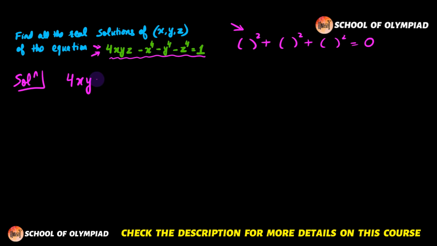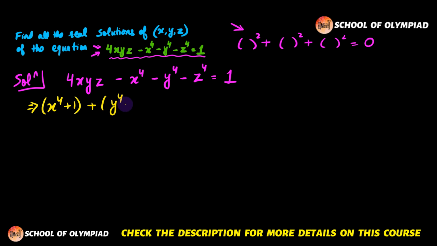So our equation is 4 into xyz minus x raised to the power 4 minus y raised to the power 4 minus z raised to the power 4 is equal to 1. Now the above equation reduces to x raised to the power 4 plus 1 plus y raised to the power 4 plus z raised to the power 4 minus 4 into x into y into z is equal to 0.